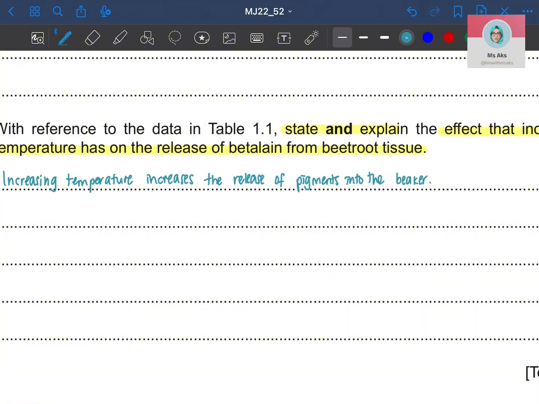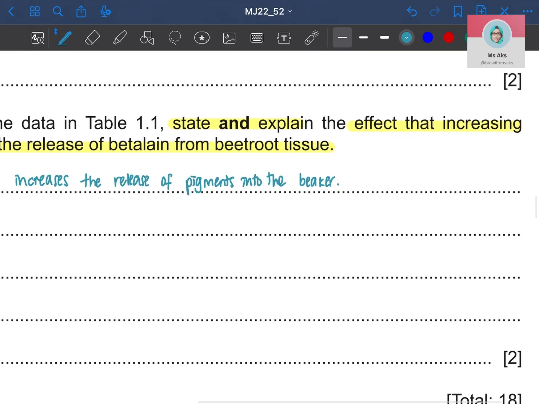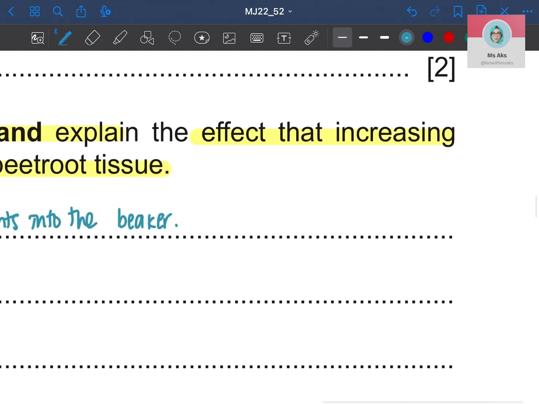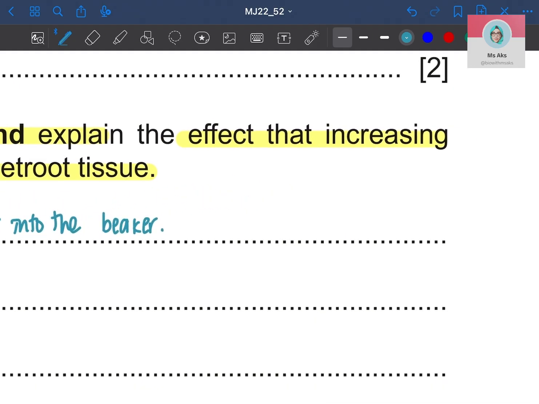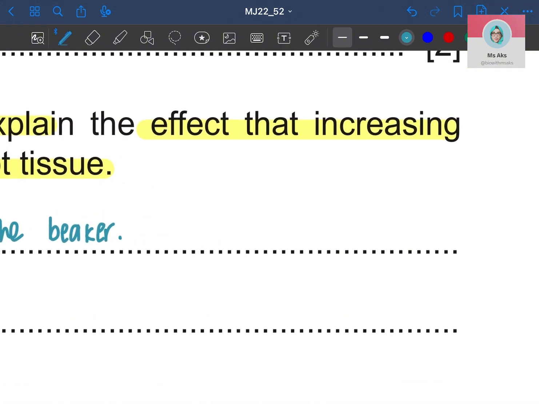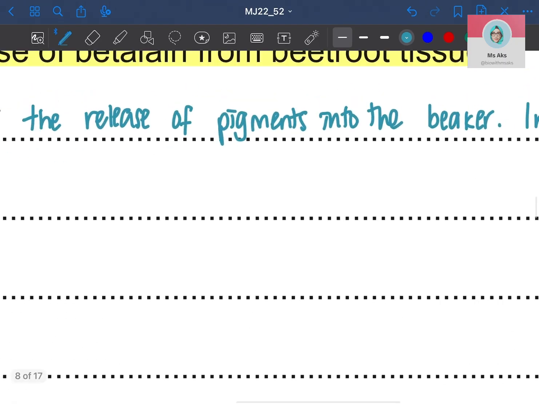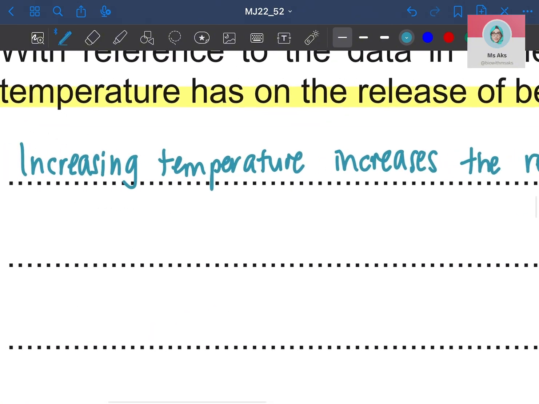So when we're increasing temperature, what we're most likely affecting is the membrane fluidity. Why? Because our membranes, the phospholipid bilayer, actually have proteins as well. Increasing temperature, and if it's too high, it actually causes the denaturation of the proteins.